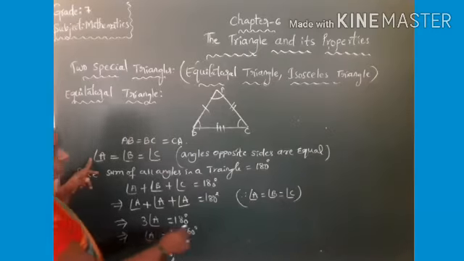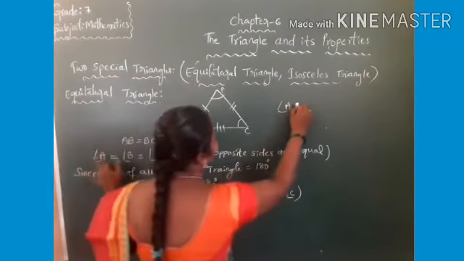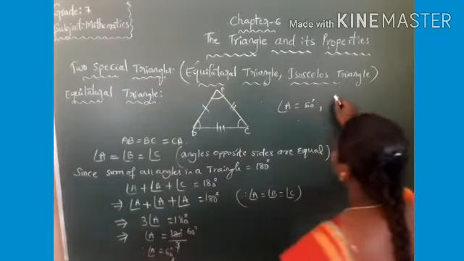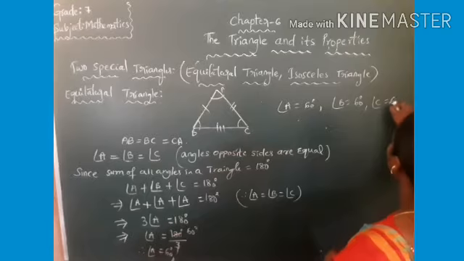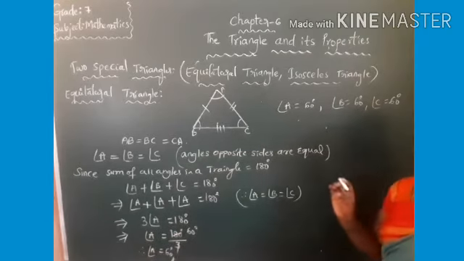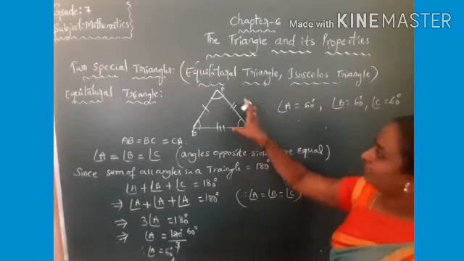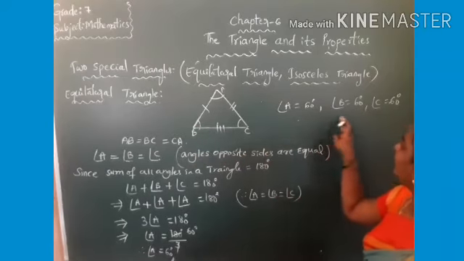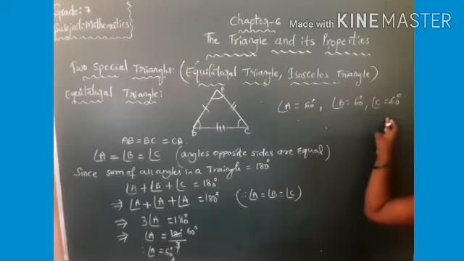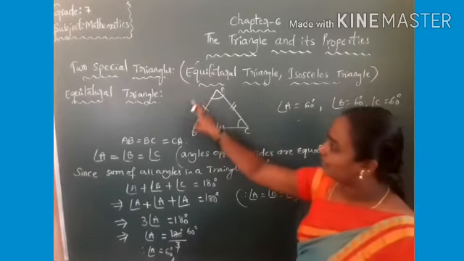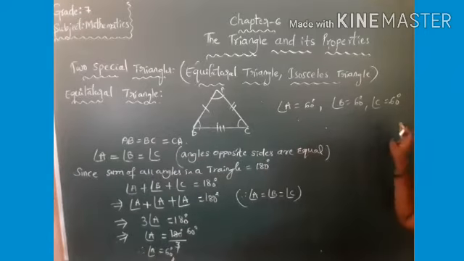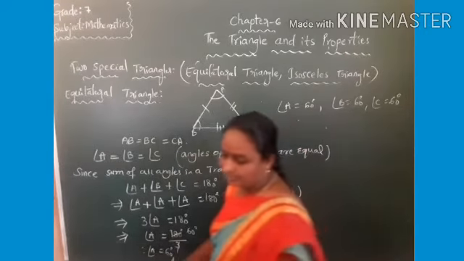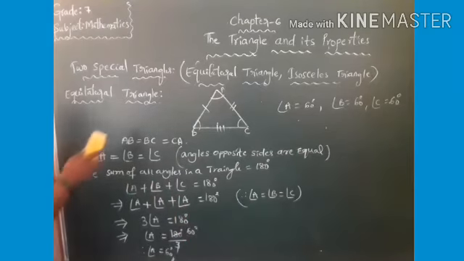Angle A is 60 degrees, angle B is also 60 degrees, and angle C is also 60 degrees. In an equilateral triangle, all angles are equal to 60 degrees. Is it clear? In an equilateral triangle, all sides are equal and all angles are equal. Nice.